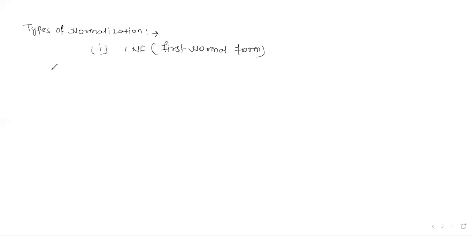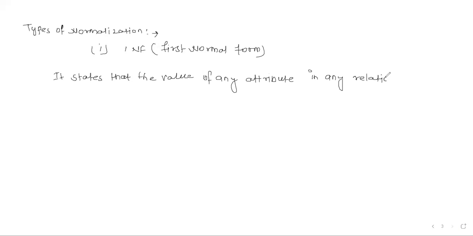The first normal form states that the value of any attribute in any table or relation must be a single atomic value.